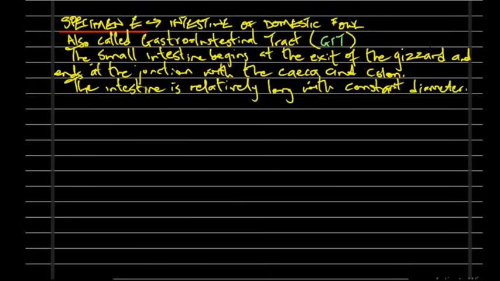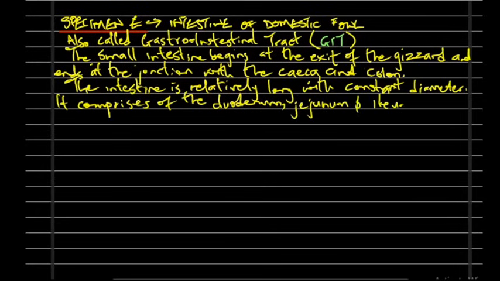And it comprises the duodenum, the jejunum, as well as the ileum. Those are the three parts that we have in the intestine.